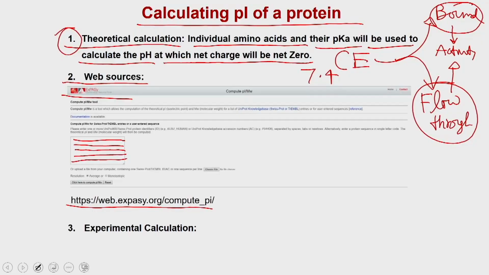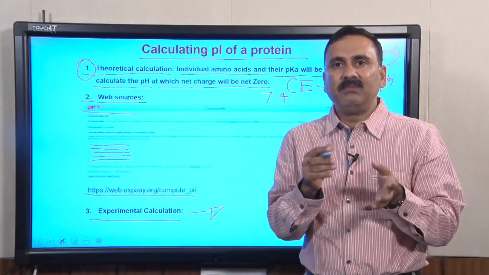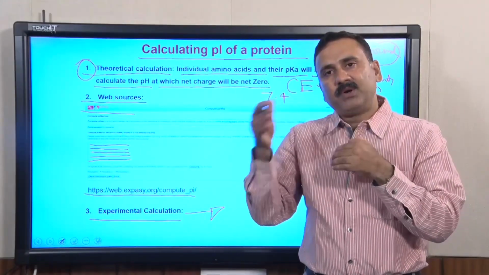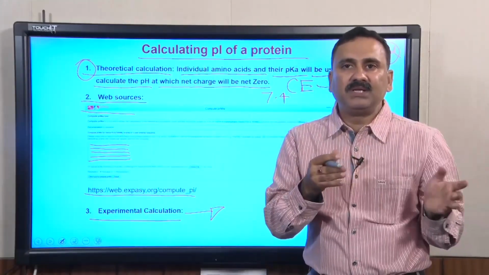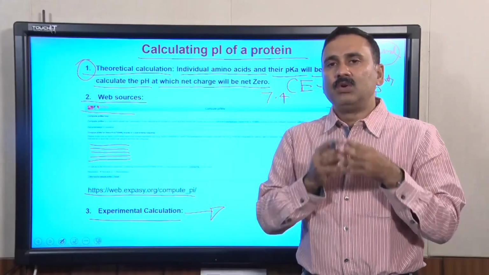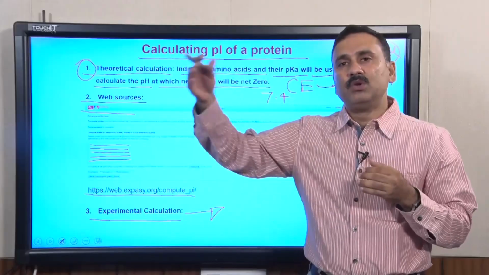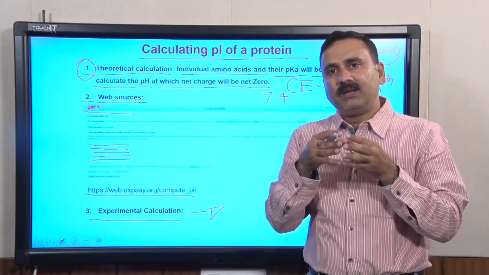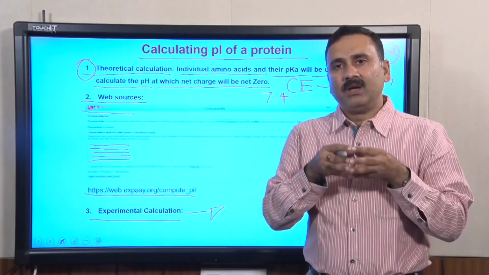Now, the third method is the experimental way of calculating the pI values. You know that the protein is soluble in a buffer simply because it has some positive charges and some negative charges, and these charges allow the protein to interact with the molecules of the buffer, so the protein remains in solution.